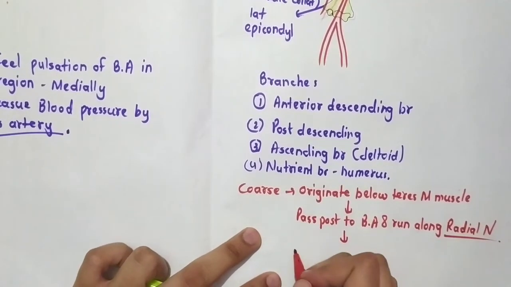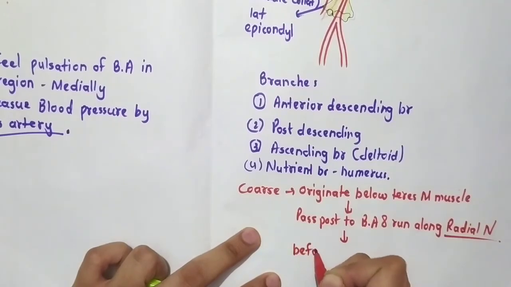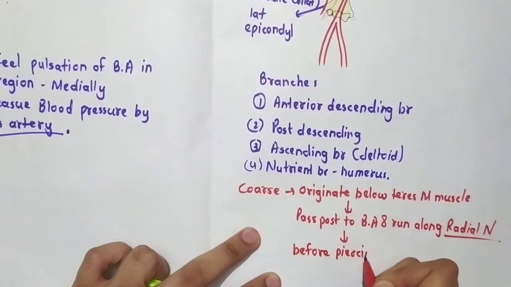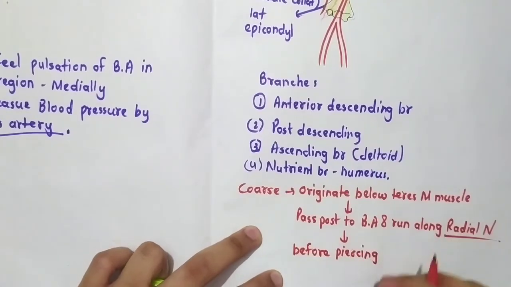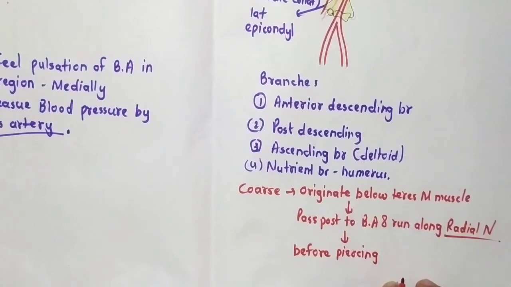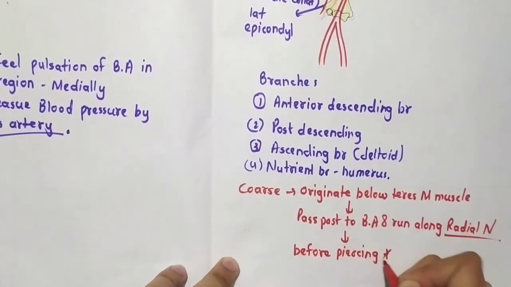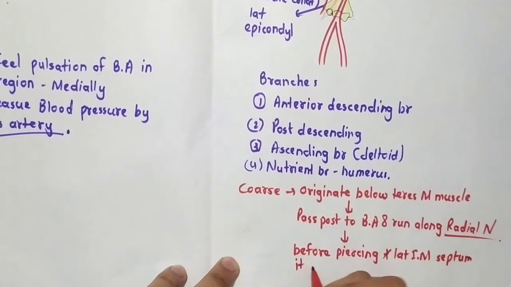Then before piercing lateral intermuscular septum, it divides into two terminal branches.